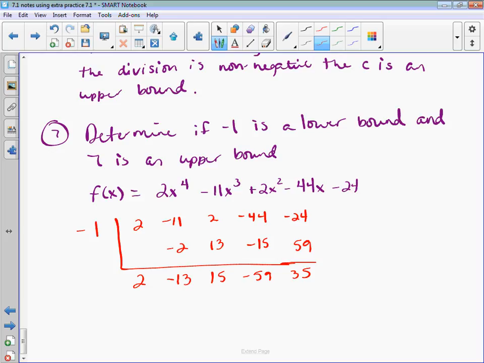All right, guys, so do my signs alternate? Yeah. What does that mean? -1 is a lower bound. So from a usefulness point, don't check anything lower than -1 for being a 0 on this particular function.